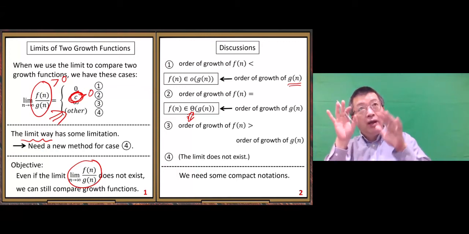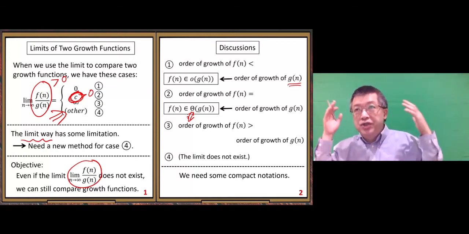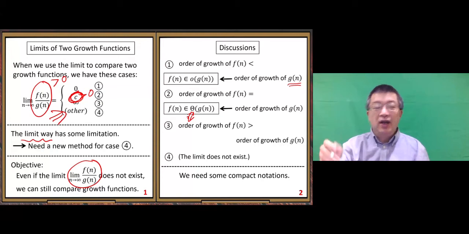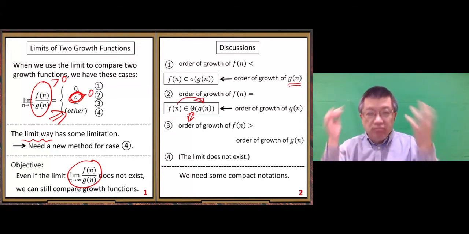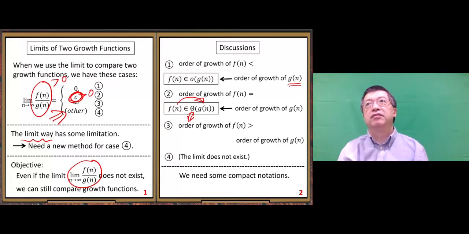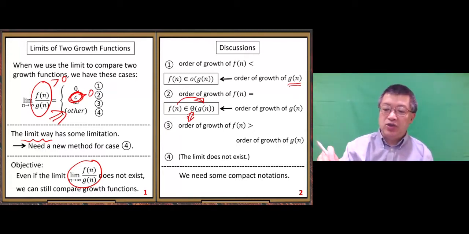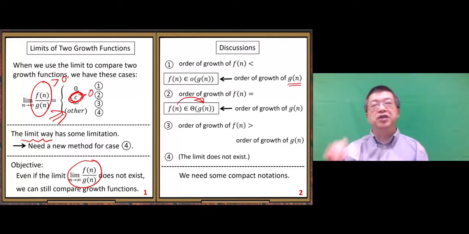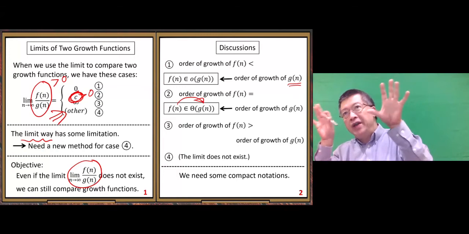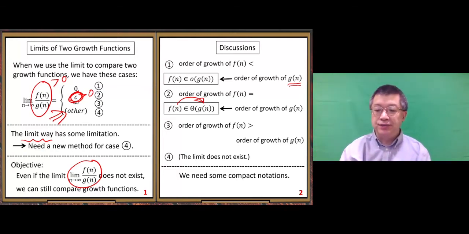For f of n over g of n, there is no limit, but f of n still belongs to this function set. So that case we need to include. That's why we need to expand this notation to cover more cases. So that's case 2.